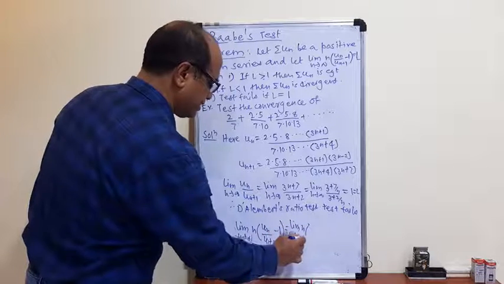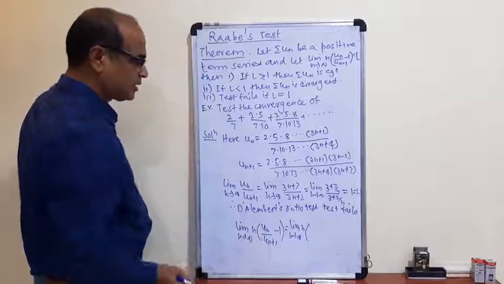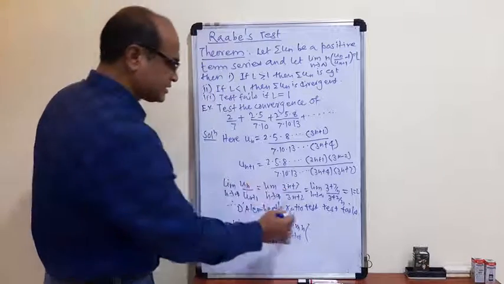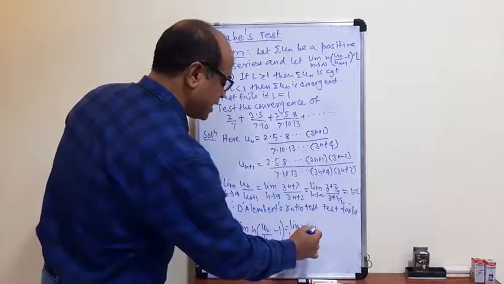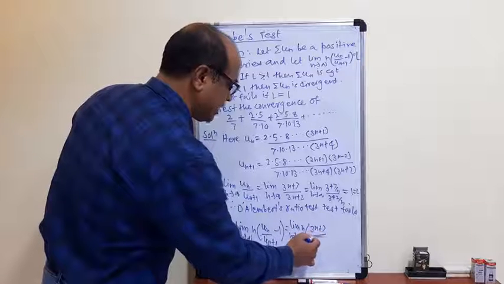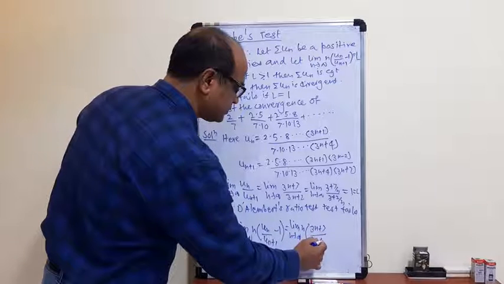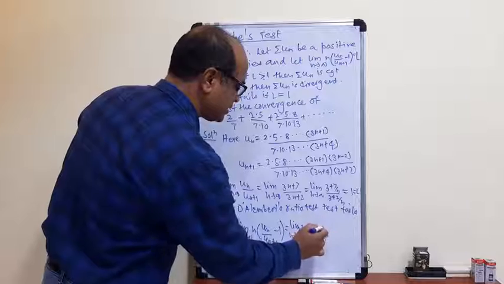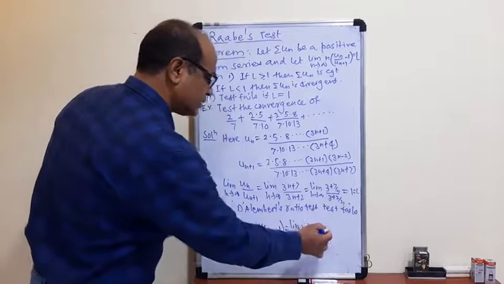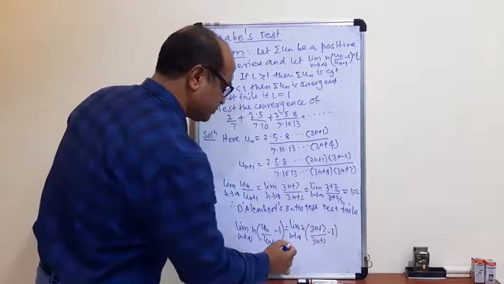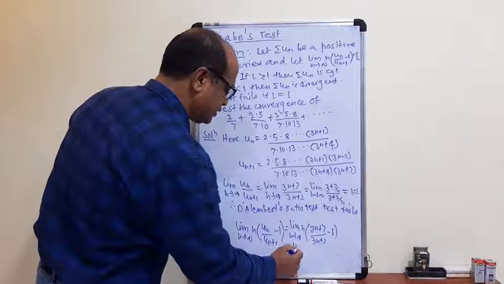So what is un upon un plus 1? It is 3n plus 7 divided by 3n plus 2, minus 1.